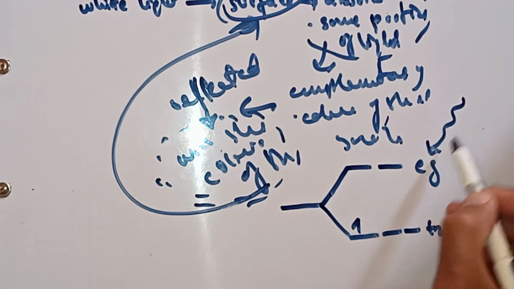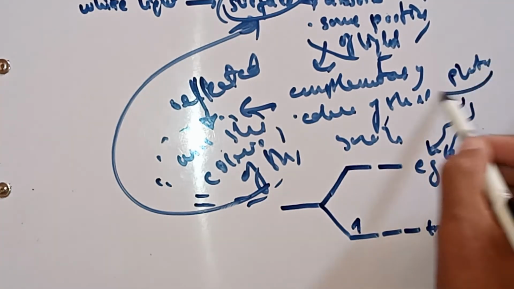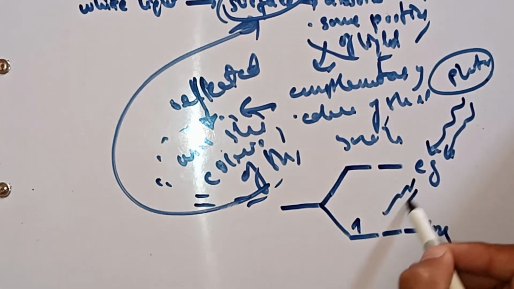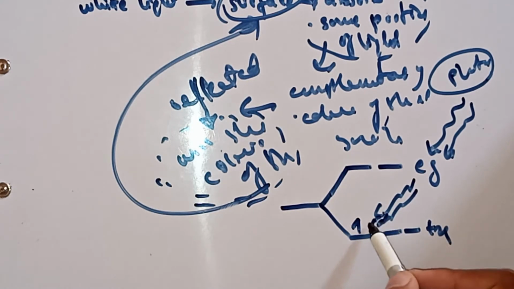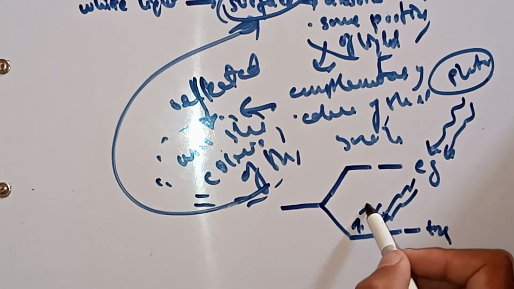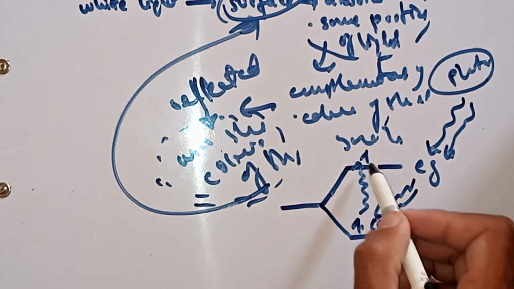When white light comes, it contains different photons having different frequencies and wavelengths. When a photon falls on this electron, the electron gets energy. When it gets a sufficient amount of energy, it is excited and goes to the eg set.